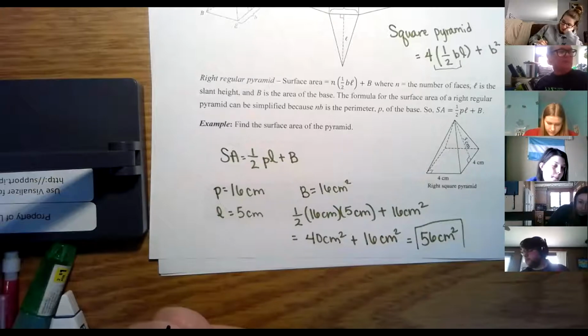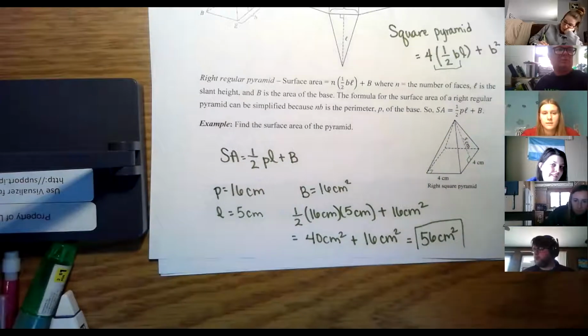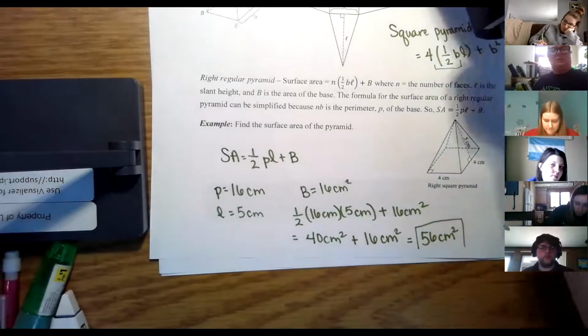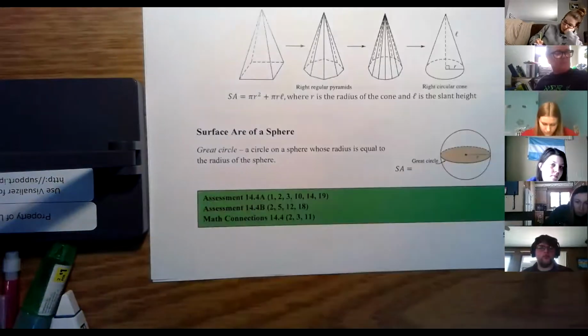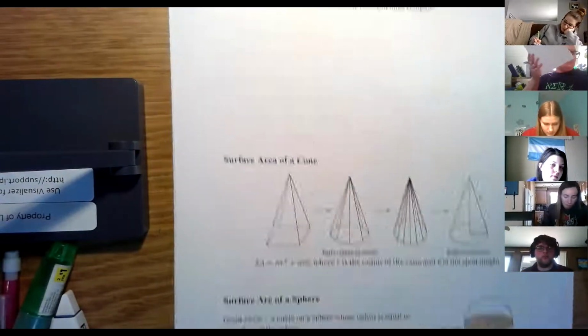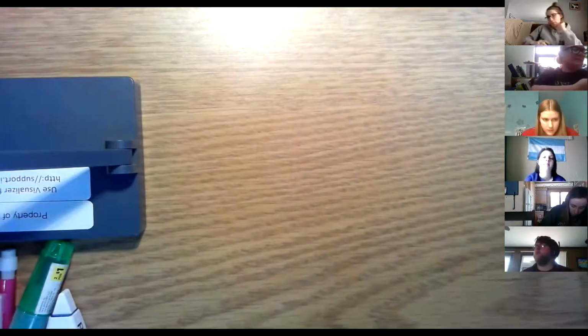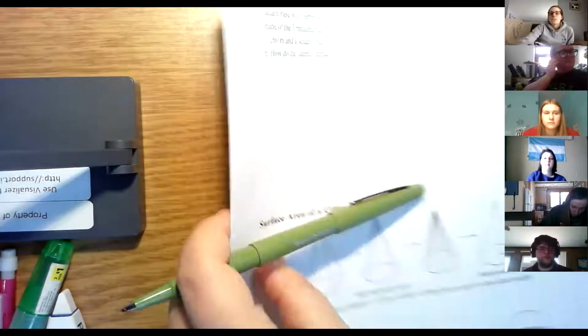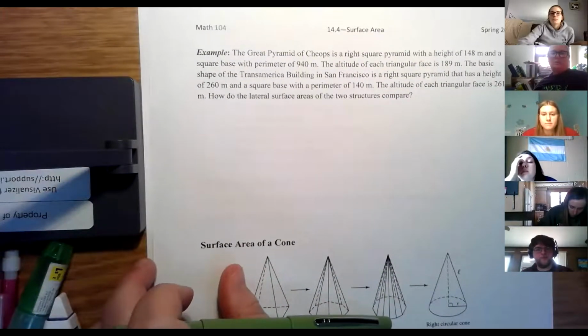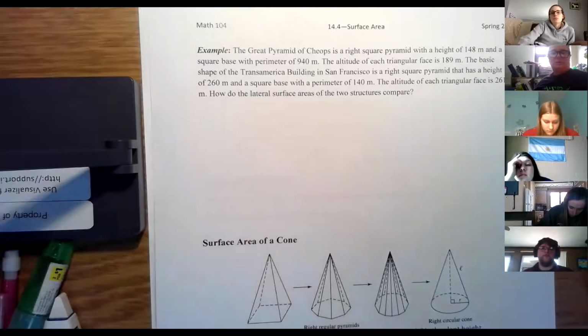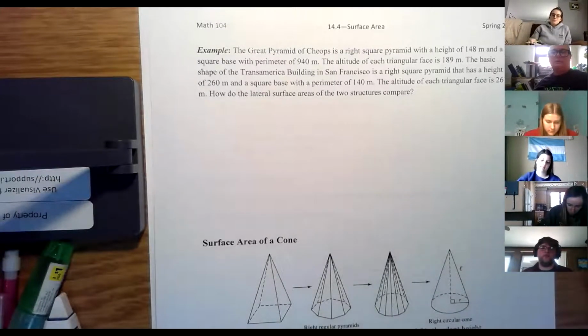So where did we figure out we're getting these funky numbers from? Okay, cool. A word problem. So we have the Great Pyramid of Cheops, a right square pyramid with a height of 48 and a square base of perimeter 940.